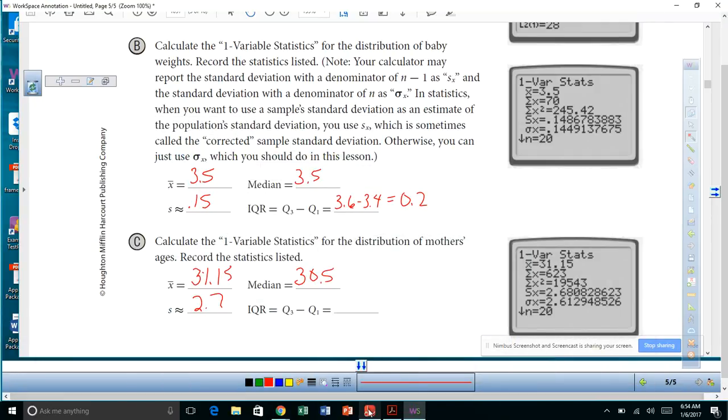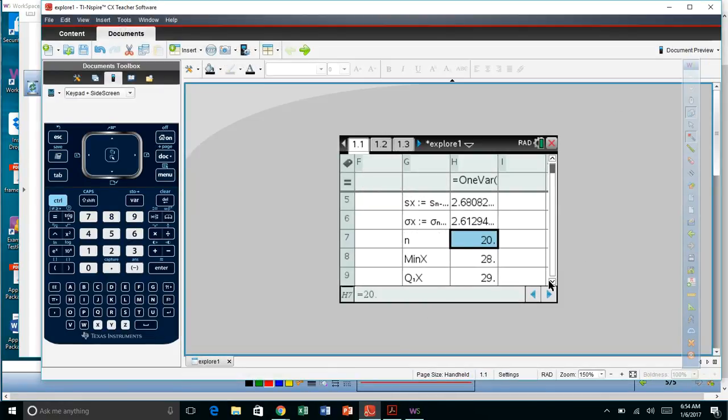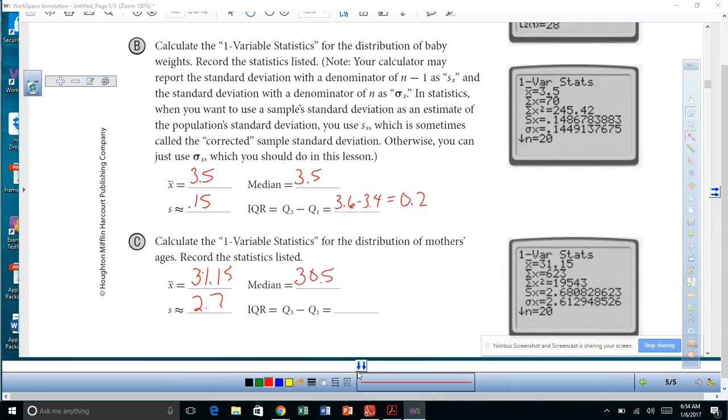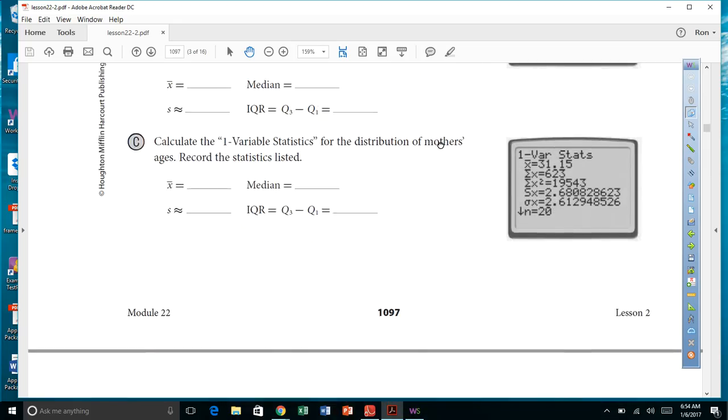And the IQR, that's Q3 minus Q1, that's 32.5 minus 29, and that's 3.5. All right, not too bad.